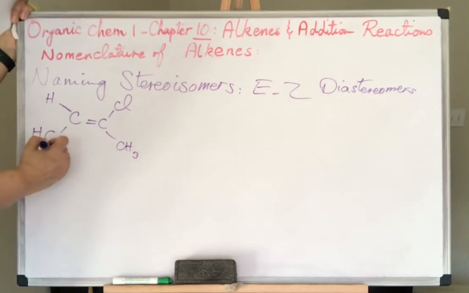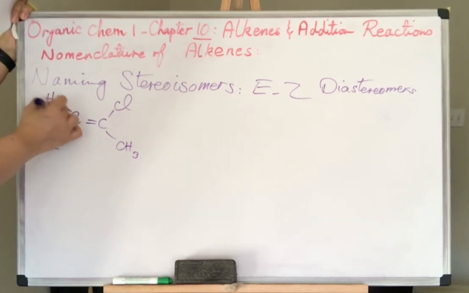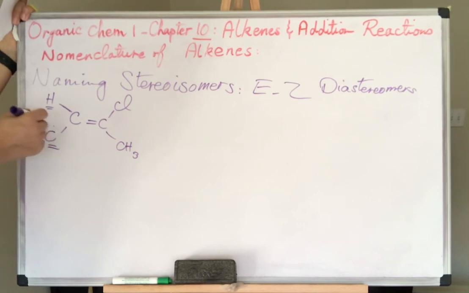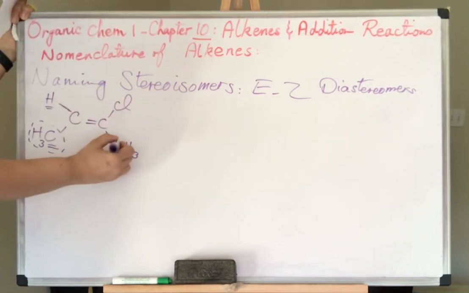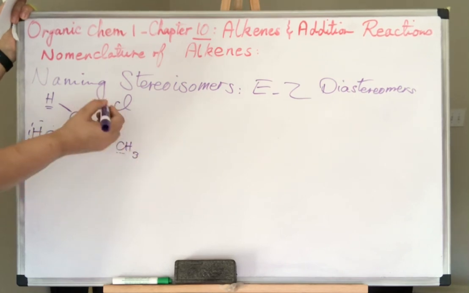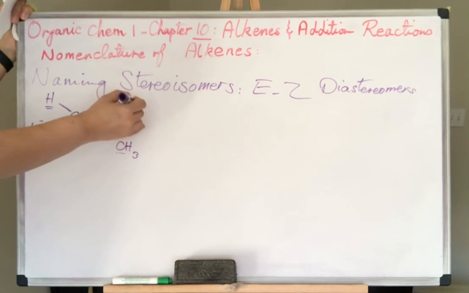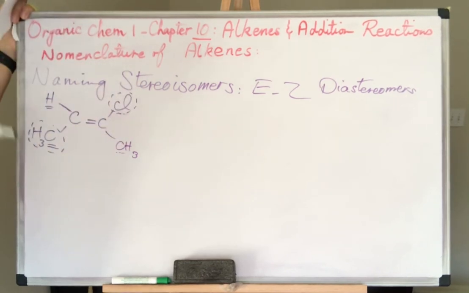So carbon has higher atomic number or hydrogen? Obviously carbon. On this carbon on the right side, carbon has more atomic number or chlorine? Obviously, if you check with periodic table, chlorine. Okay? So the first priority is with the atomic numbers.